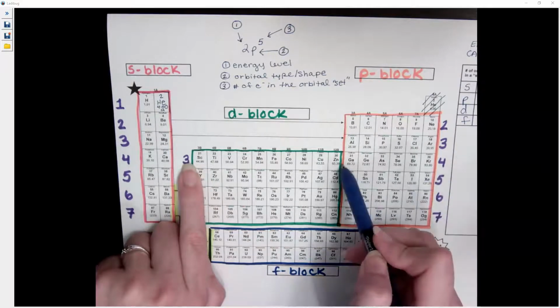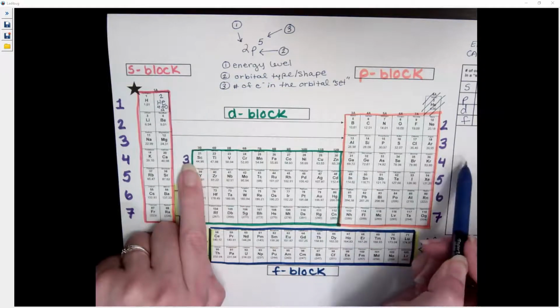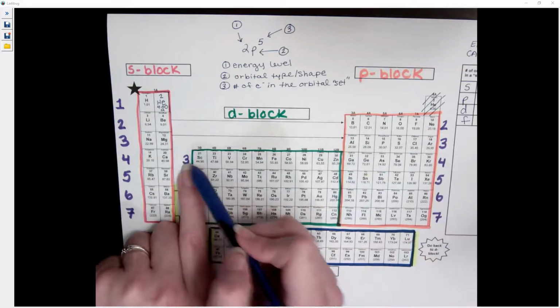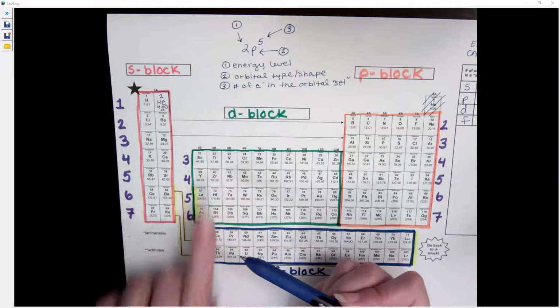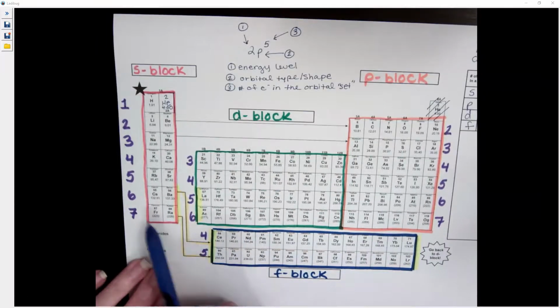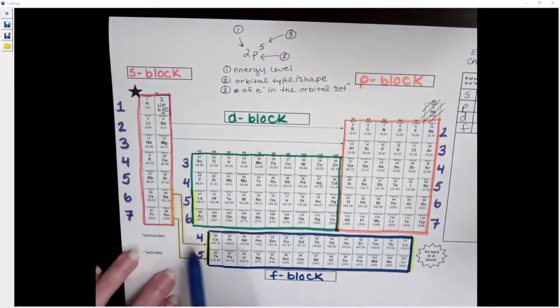When we come back out of the D block, we go back to row 4, okay? So we have to go down and then back up. We'll do the same thing when we do the F block. If you look, we waited a really long time to fill an F orbital. They're distance-wise level 4 from the nucleus, but they're so complex, we want to wait and fill them until we absolutely have to.